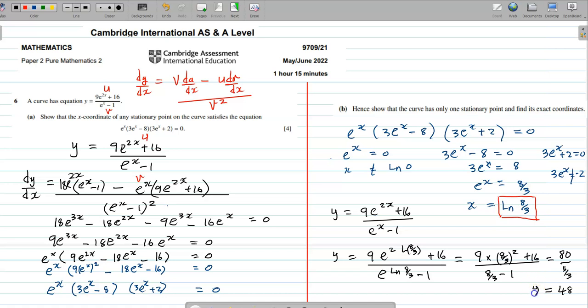So y is 48. So it means that the coordinate would be ln 8/3 as the x value, and the y coordinate there is 48. Here ends question 6. Thank you.